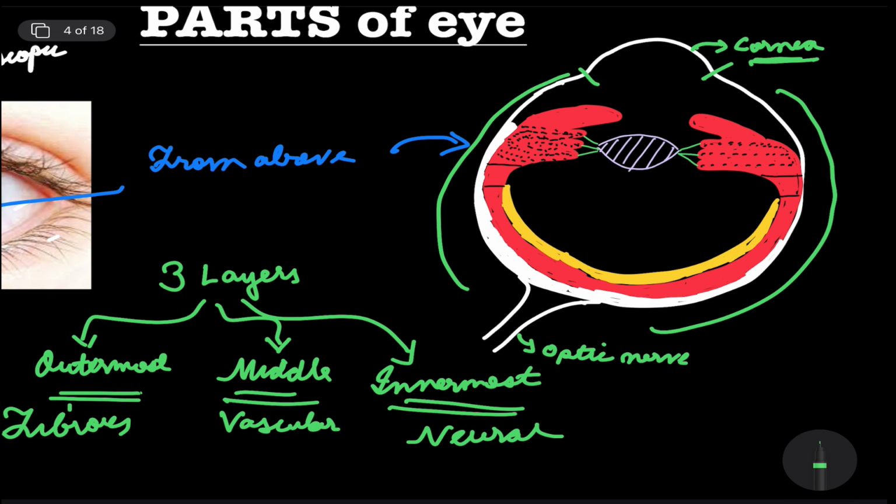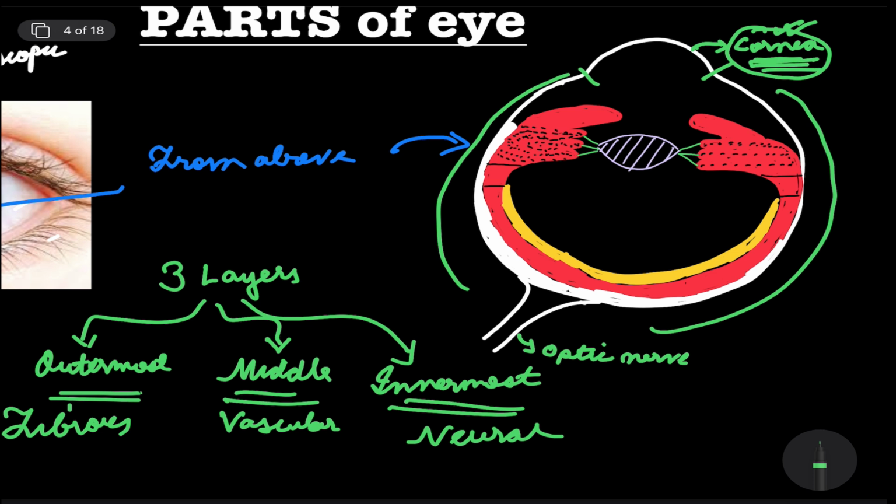Obviously no. So the sclera cannot be present everywhere. Where can it not be present? It cannot be present exactly where light needs to enter the eye, which is through the front, where the sclera becomes transparent and forms a special structure called the cornea.